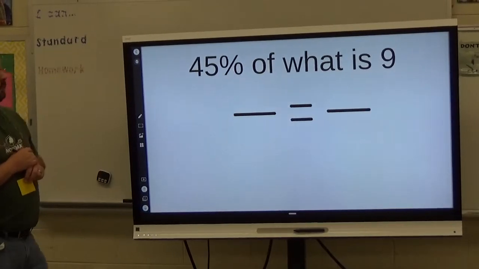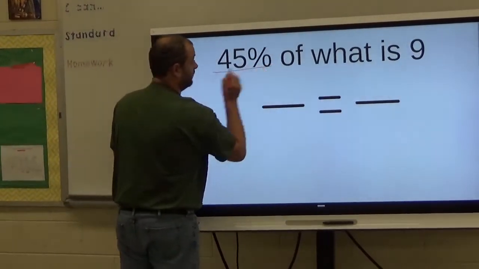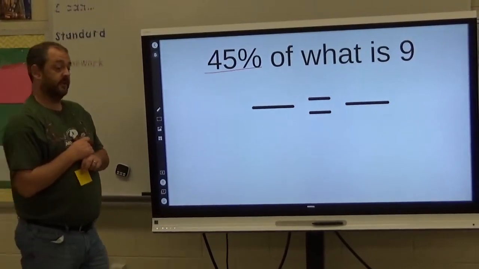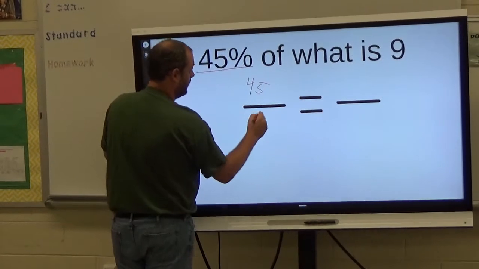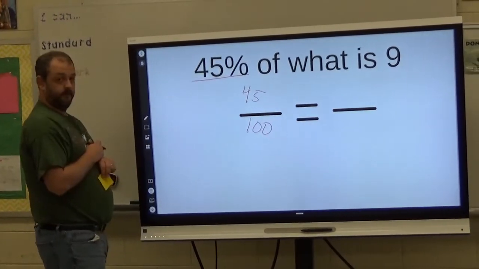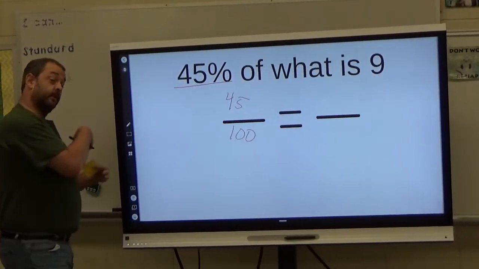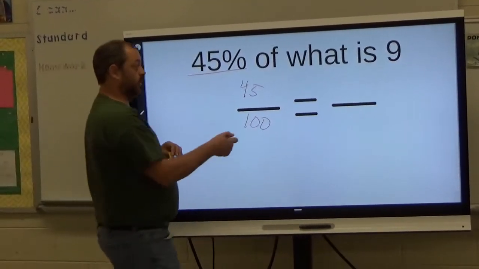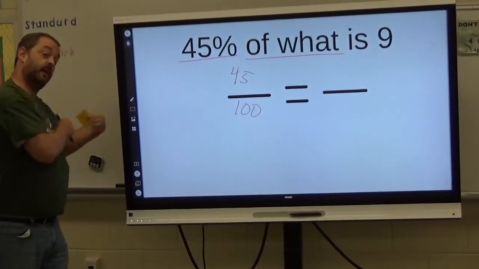Okay, now, whoa, we haven't done this one yet, but we still have 45%. That will always go above the 100. Now we have to figure out what's going on here. Remember when I said earlier that the "of" will always come before whatever goes with that "of"?